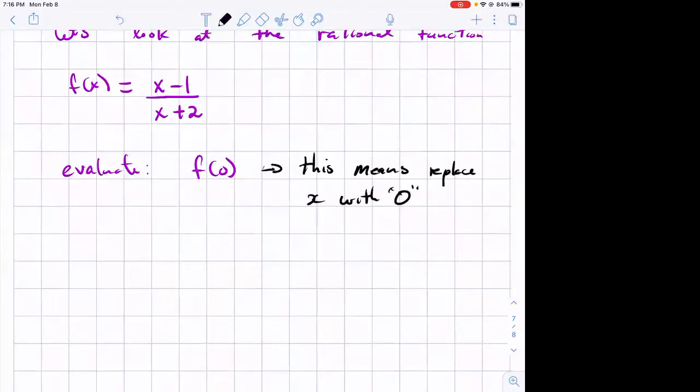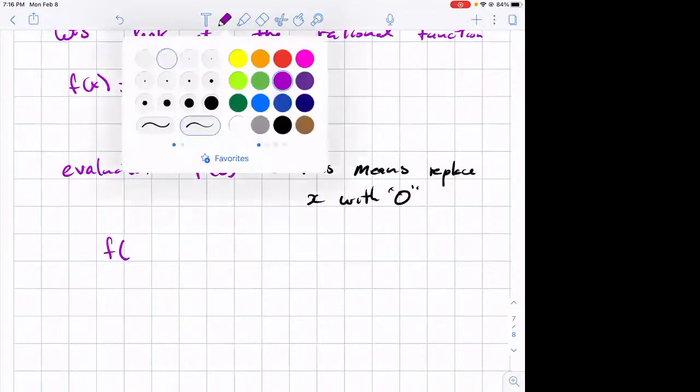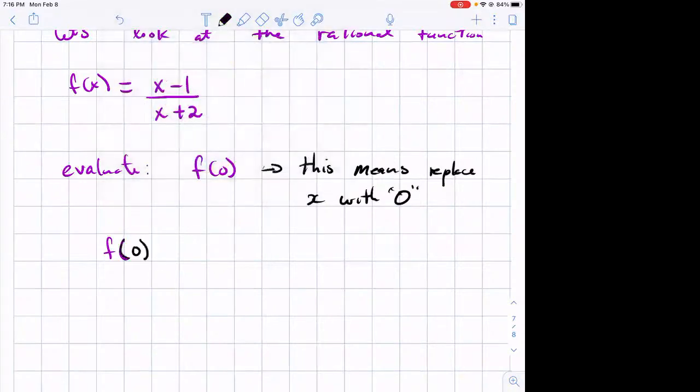So f of 0 is equal to, well, let's use the same color, f of 0, notice that I'm plugging in 0 now for x, and that is equal to 0 minus 1 over 0 plus 2.